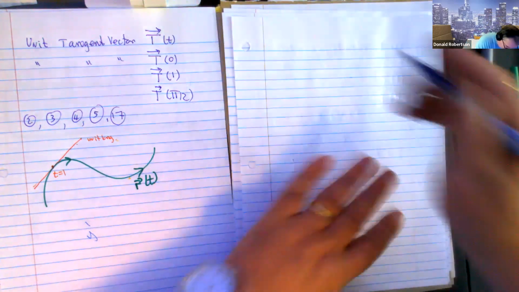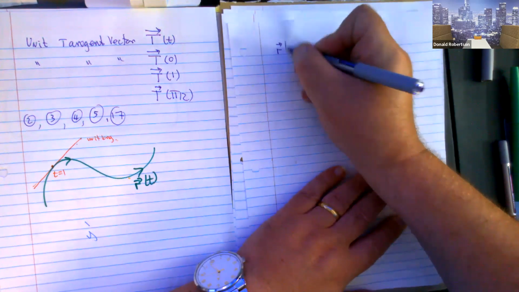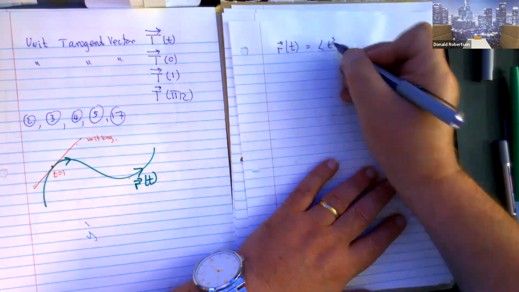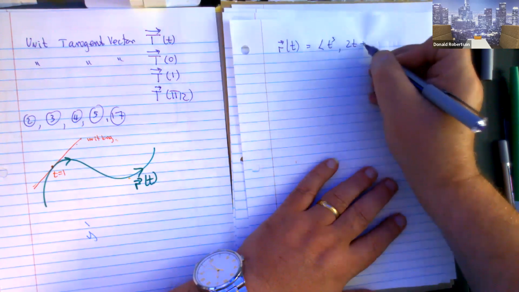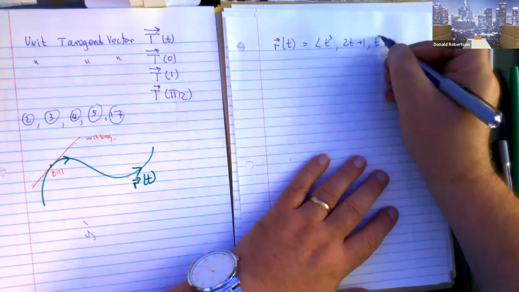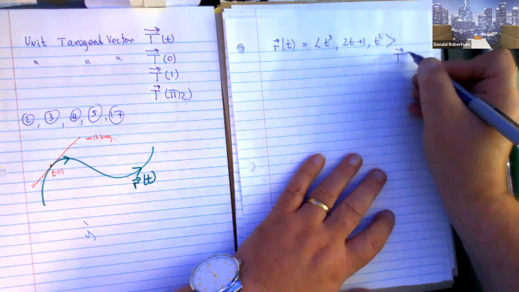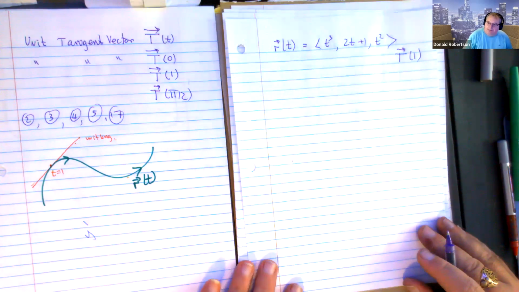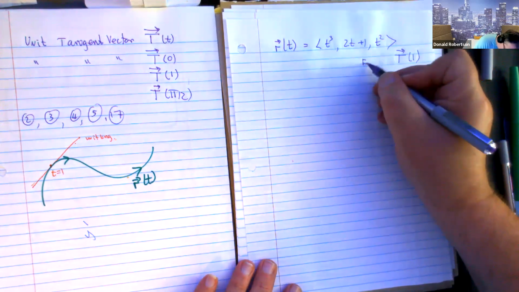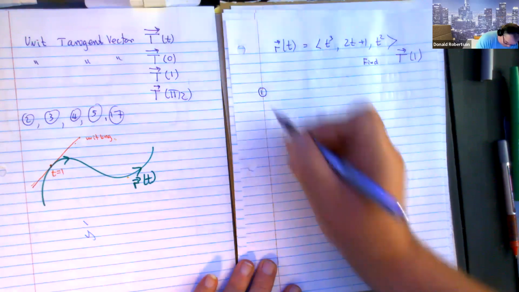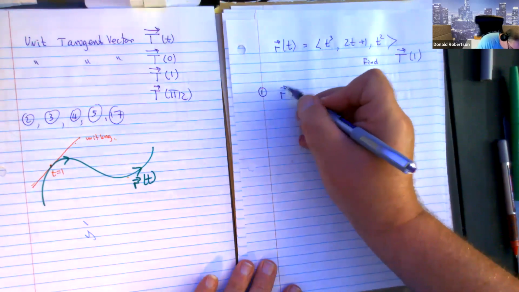So imagine I give you a space curve, and it's t cubed, 2t plus 1, t squared, and you're being asked to find the unit tangent vector at 1. Step 1, find the derivative.